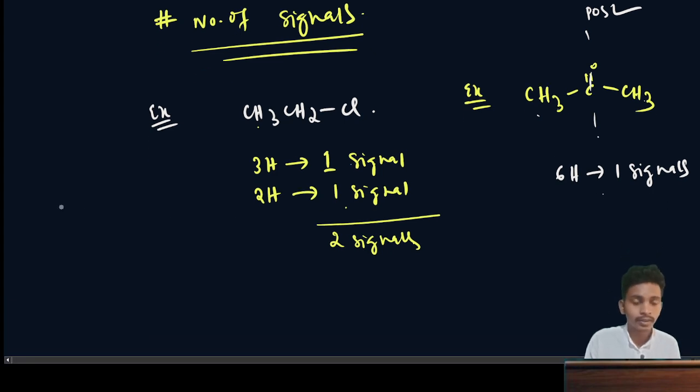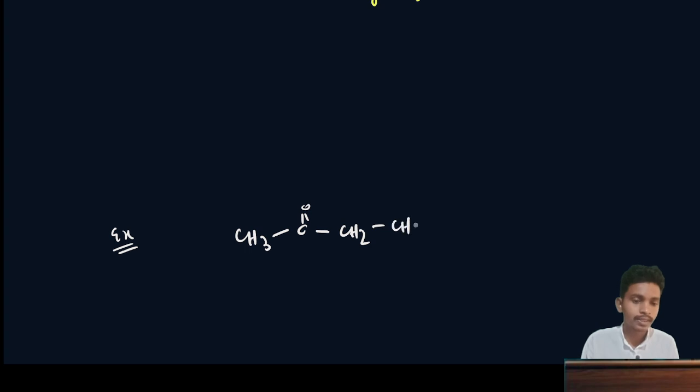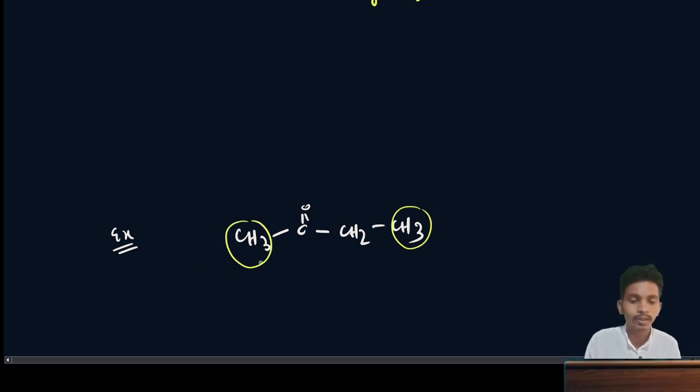So if this molecule is present, then we will get one signal. That is what we discussed in the previous class. Similarly, let's say you have CH3COCH2CH3. In this case, how many signals will we get? This CH3 is homotopic and this CH3 is also homotopic, but the plane of symmetry is not there, so they give different signals.